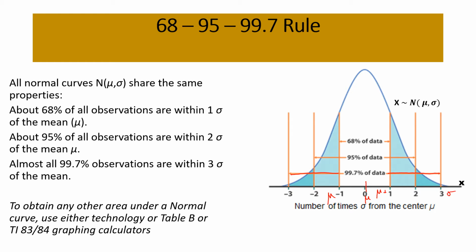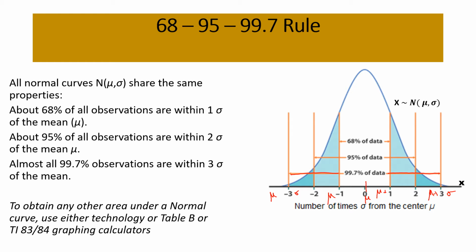So you have mu minus 3 sigma and mu plus 3 sigma here. Most of the values lie between mu minus 3 sigma and mu plus 3 sigma. So 68% of the observations are within 1 sigma of the mean. 95% are within 2 sigma of the mean.